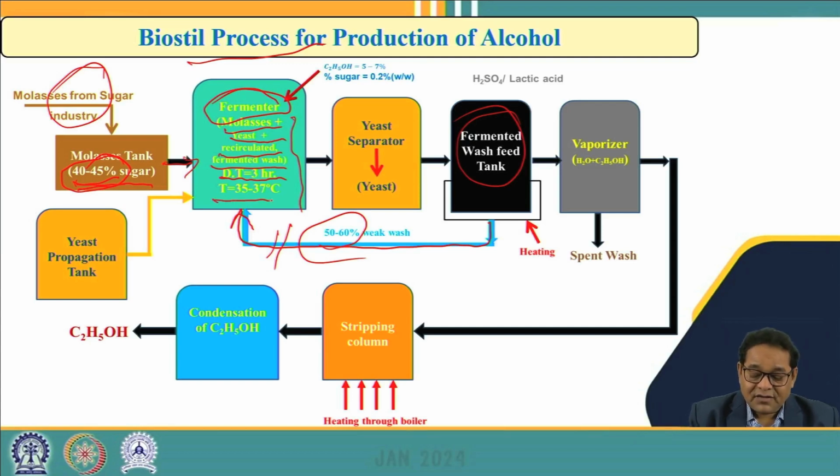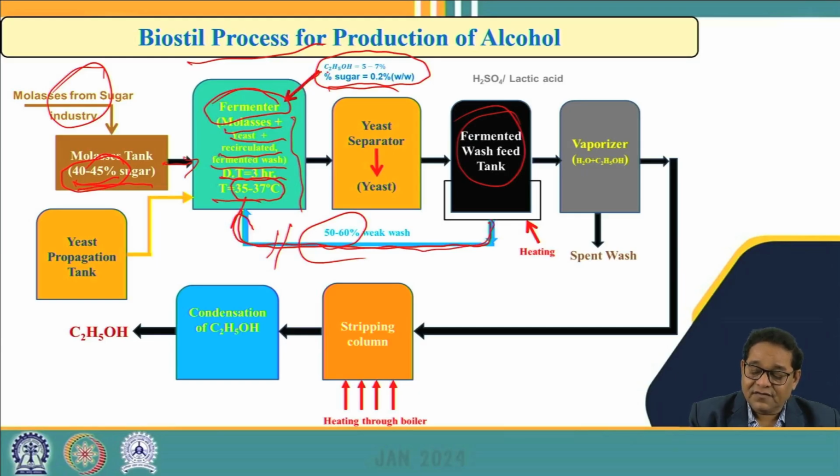And for this also, the same temperature is required, approximately 35 to 37 degrees centigrade. So this is the main fermentation process. And here are the control parameters we have to adopt. How much of the weak wash has to be recycled?